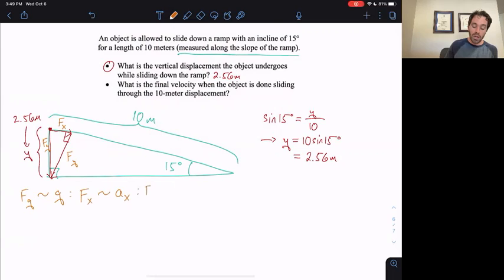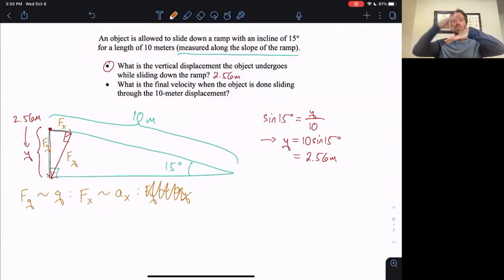And in the same proportion, Fy is proportional to the y acceleration, except we're not going to pay attention to that, because we're ignoring the force that keeps it from crashing through the ramp. So we'll ignore that one. But Fg is proportional to g in the same proportion as Fx is proportional to ax.